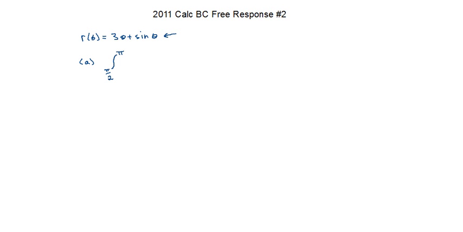It is 1/2 times r squared d theta. So in this case, we're going to have 1/2 the integral from pi over 2 to pi of (3 theta plus sine theta) squared d theta.